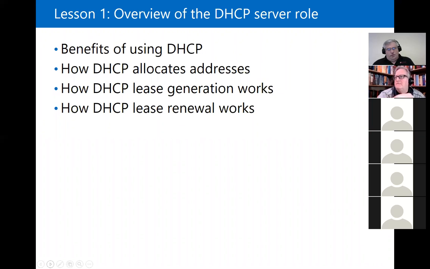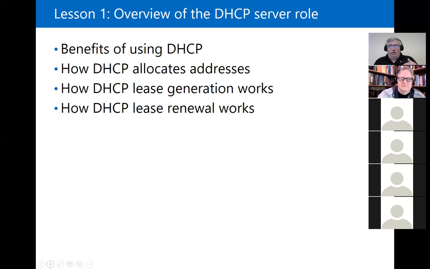So benefits. In a small network, it's real easy to just say, you've got 192.168.1.1, and you've got 192.168.1.2, and 3, and 4, and 5. And if you've got 10 people, it's pretty easy just to manually do everything.